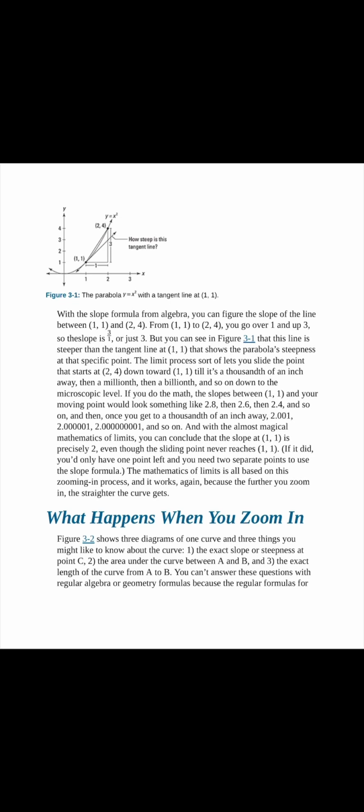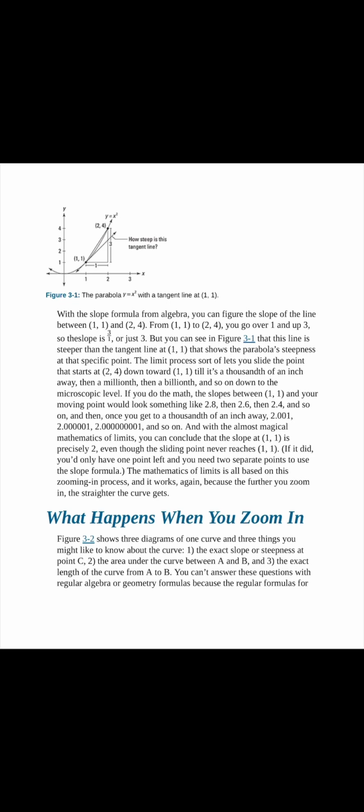And then once you get to 1,000th of an inch away, 2.001, 2.00001, 2.0000001, and so on. And with the almost magical mathematics of limits, you can conclude that the slope at (1, 1) is precisely 2, even though the sliding point never reaches (1, 1). If it did, you'd only have 1 point left, and you need 2 separate points to use the slope formula.